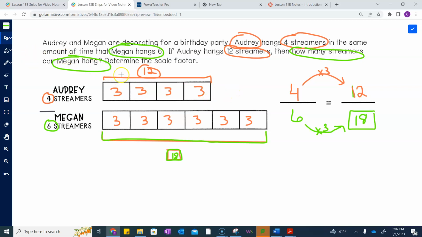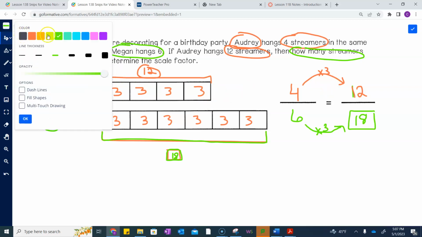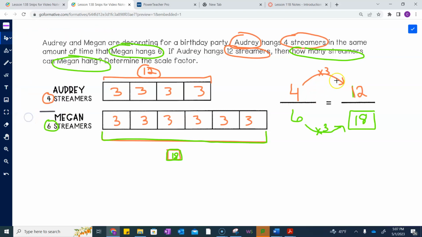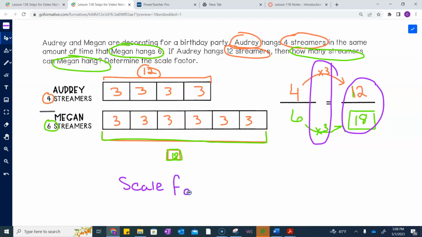Remember, the scale factor is either a multiplier or a factor that you use to generate your new equivalent fraction. And right here, the scale factor is 3. We had to triple each number to build our fraction up to the equivalent fraction of 12 to 18. So the scale factor is 3.